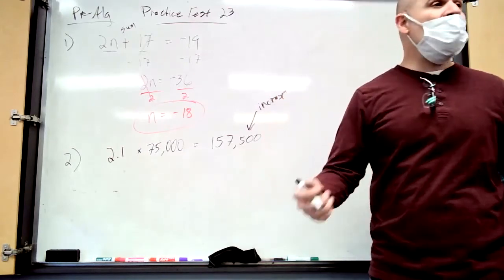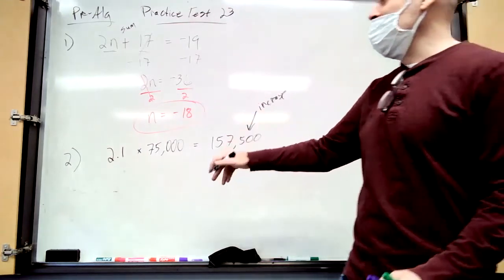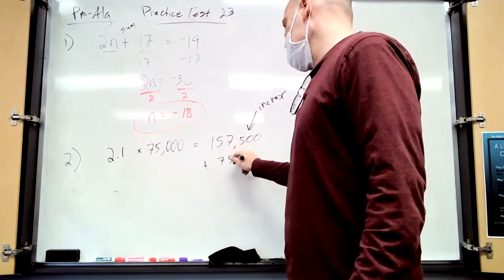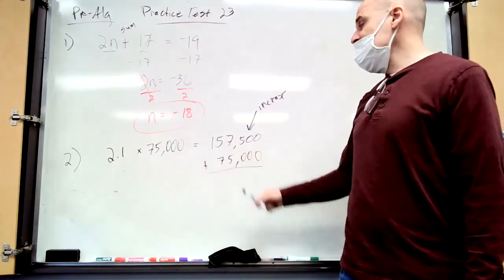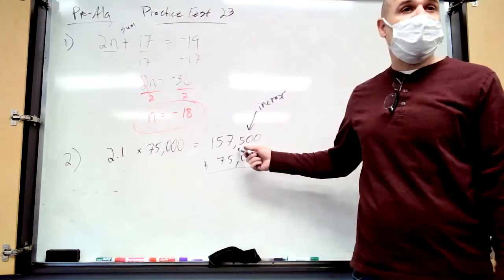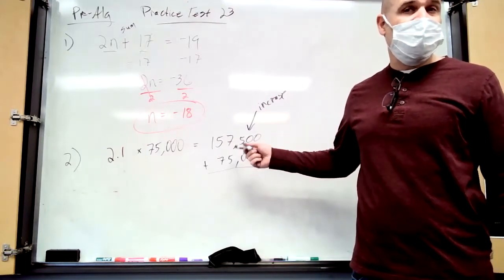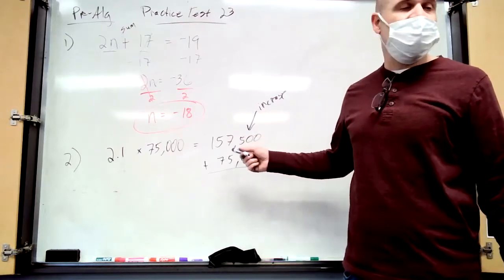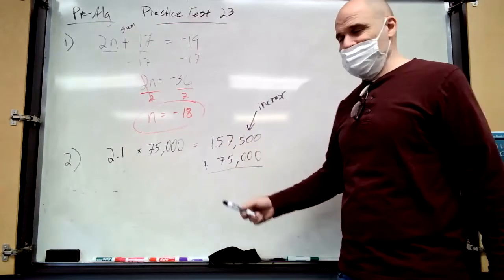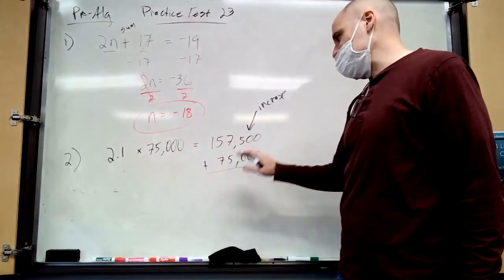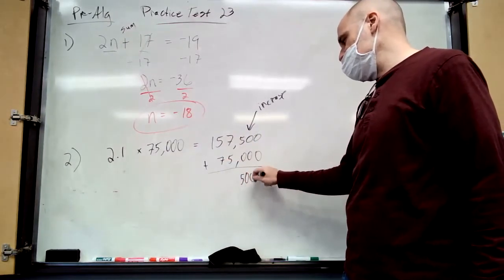So now I have to add it to the original amount, which is 75,000. Half of you, if you're not paying attention right now, will stop there because it looks like it increased. It did increase, but not 210%. This is how much it increased by, so you have to add it to the original amount. Don't forget to add it to the original amount.